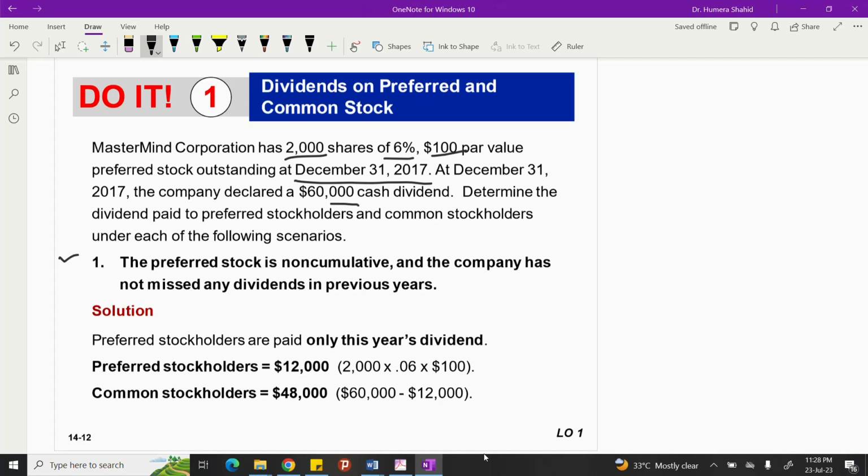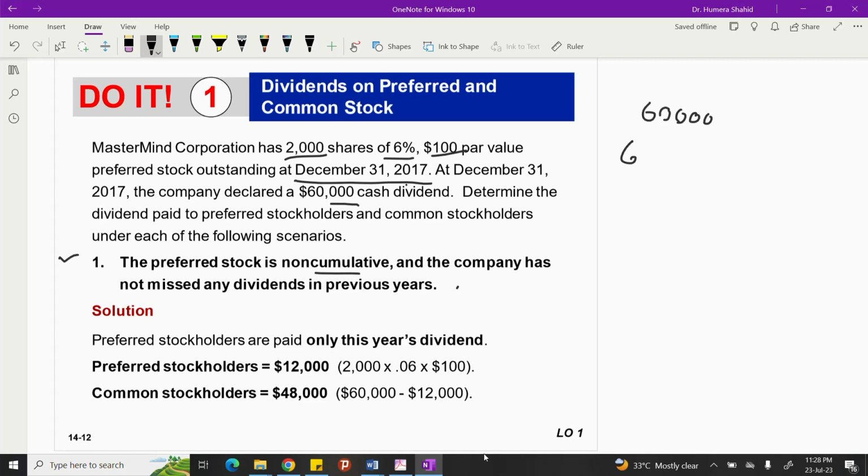So the first scenario is the preferred stock is non-cumulative and the company has not missed any dividend in the previous years. So in 2017, company has declared a dividend of 60,000.